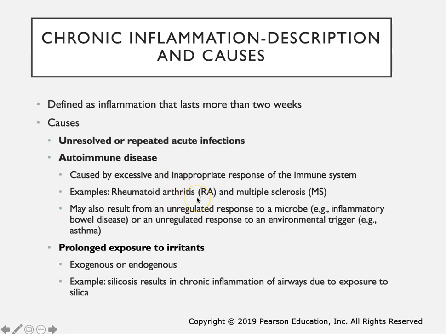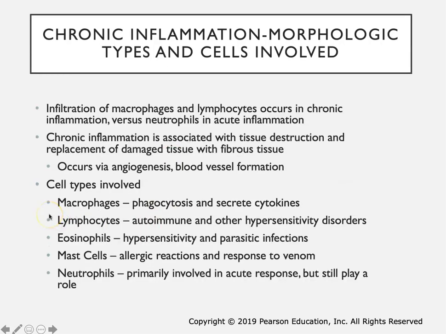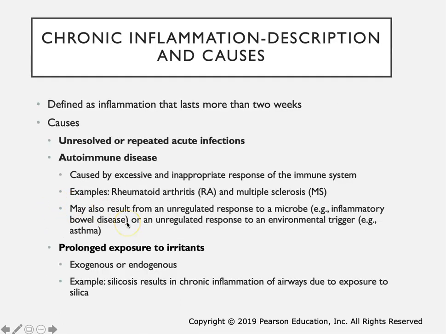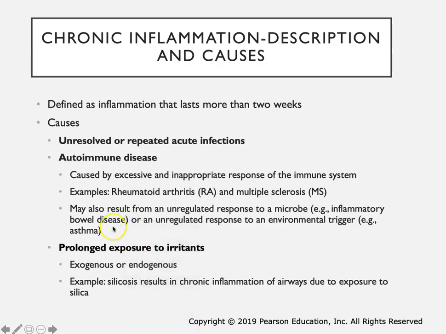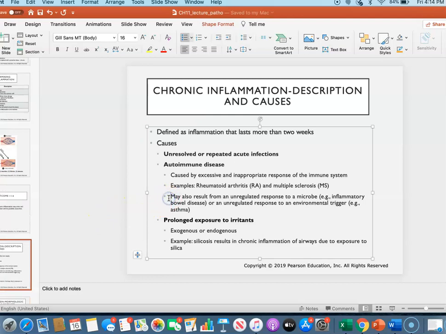Examples: rheumatoid arthritis and multiple sclerosis are autoimmune diseases. It may also result from an unregulated response to a microbe, like inflammatory bowel disease. I don't know that that doesn't belong under autoimmune. Sorry. I guess that this belongs out here.